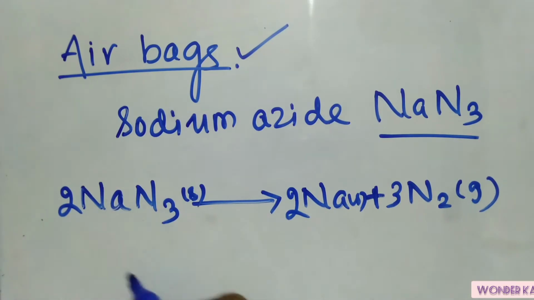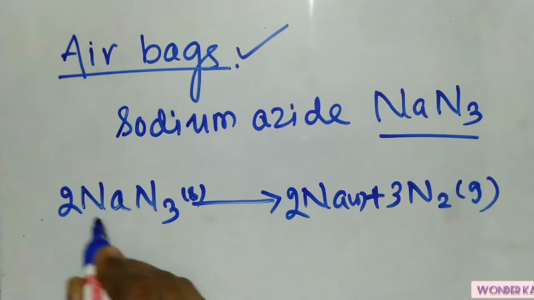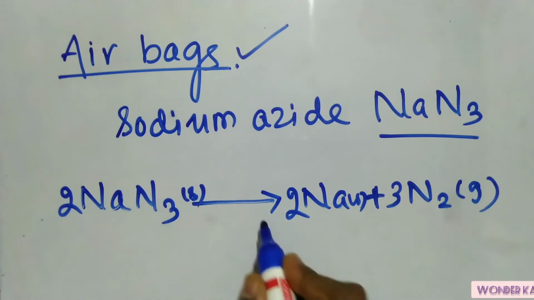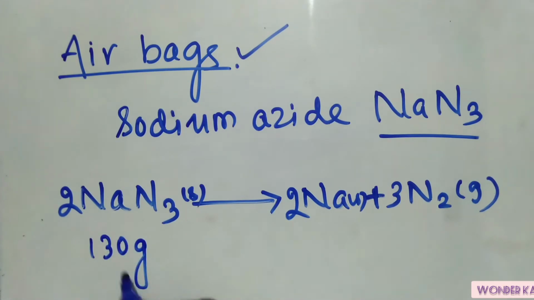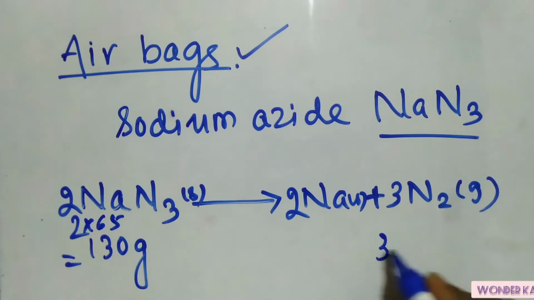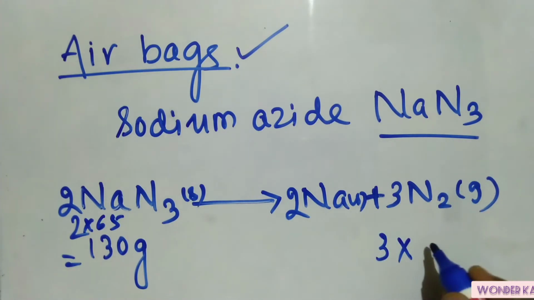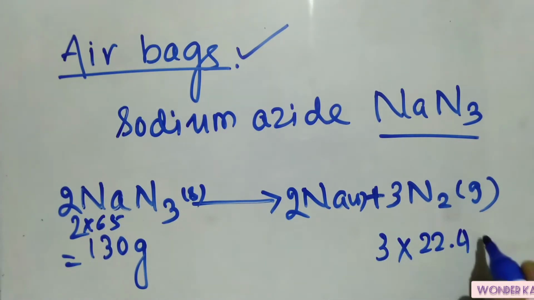As per the steps of stoichiometry, 2 moles of sodium azide decompose to give 3 moles of nitrogen gas. The gram molecular mass of sodium azide is 65, into 2, which comes to 130 grams. Nitrogen is a gas, so we need to calculate the volume, which would be 67.2 liters of nitrogen gas.